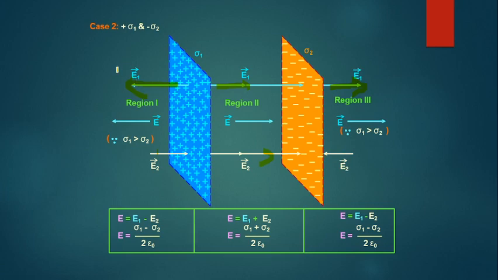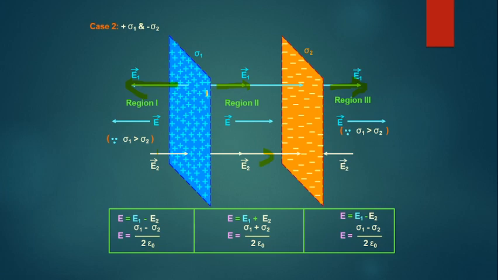Then the electric field intensity due to the first plate, which is a thin sheet, is sigma 1 divided by 2 epsilon naught, but the direction is opposite. So the net electric field E equals E1 minus E2, which is sigma 1 minus sigma 2 divided by 2 epsilon naught.